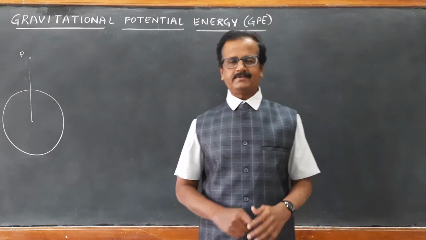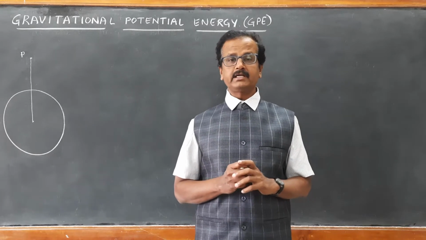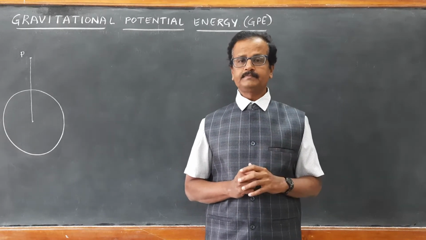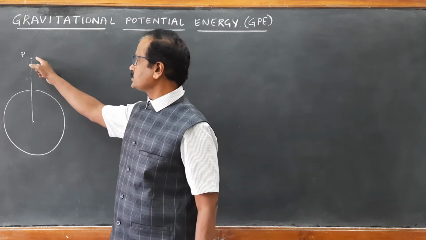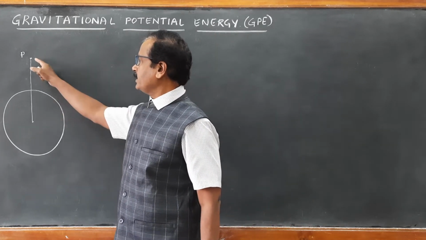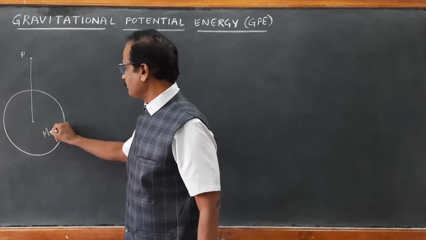Good morning, students. Let us finally conclude what is gravitational potential energy at a given position. Suppose I want to find out gravitational potential energy at a point P due to Earth of mass m.